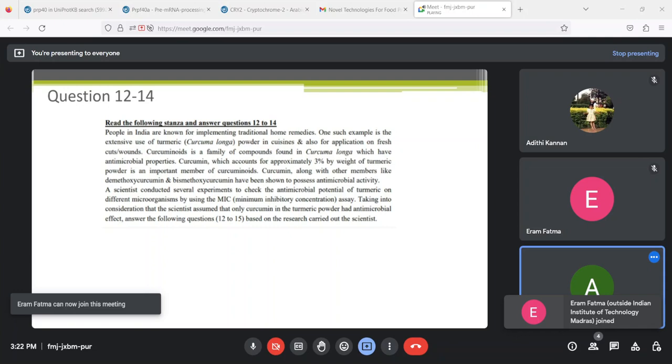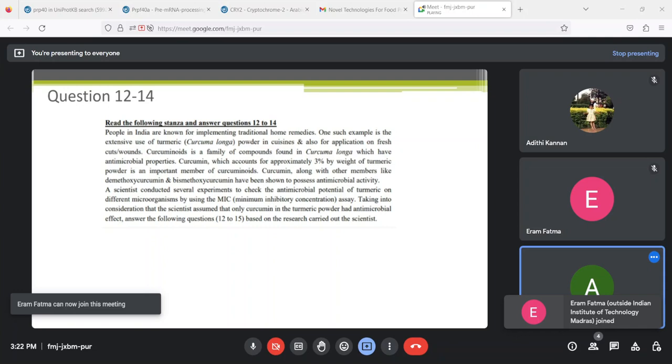Curcuminoids is a family of compounds found in Curcuma longa which have antimicrobial properties. Curcumin, which accounts for approximately 3% by weight of turmeric powder, is an important member of the curcuminoids. Curcumin, along with the other members like demethoxycurcumin and bisdemethoxycurcumin, have been shown to possess antimicrobial activity. So this is just background on turmeric and the antimicrobial compounds present inside it.